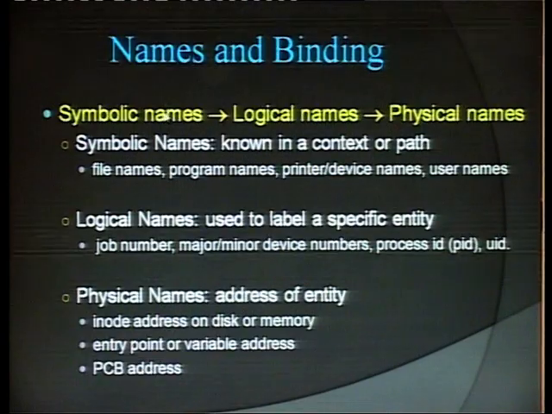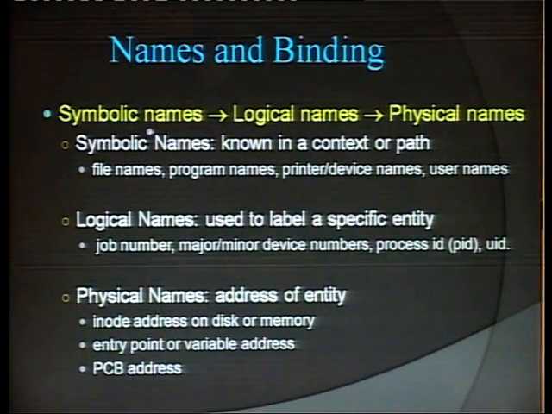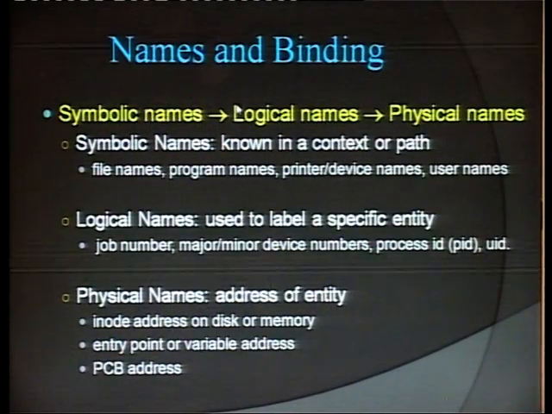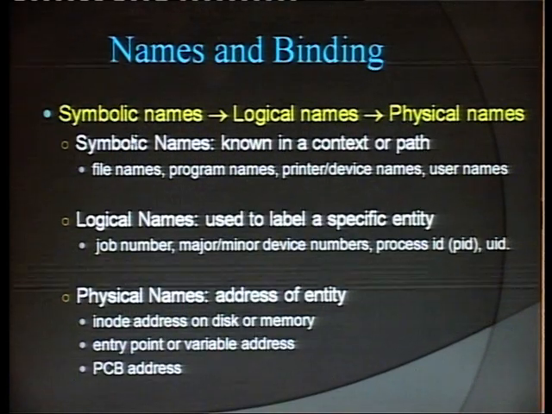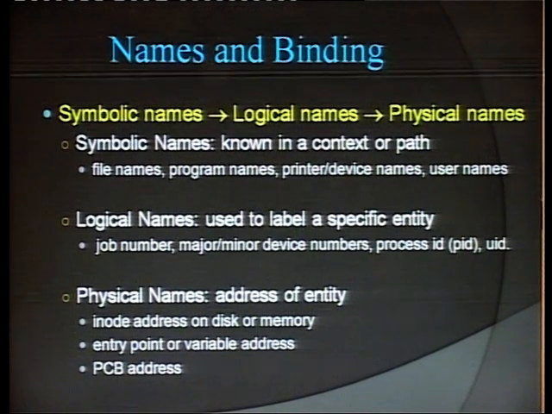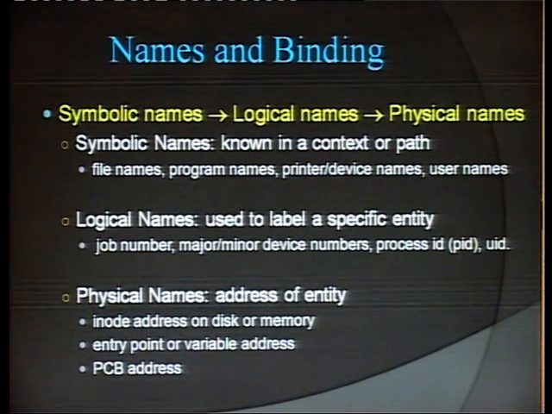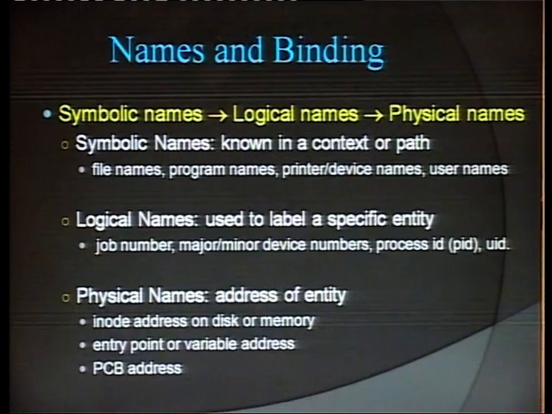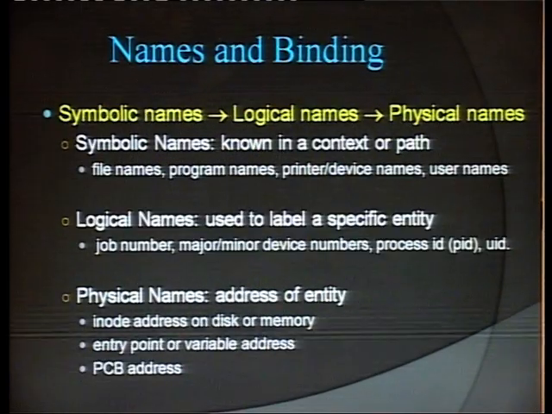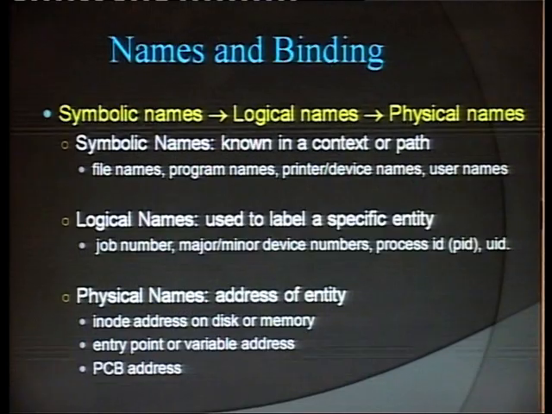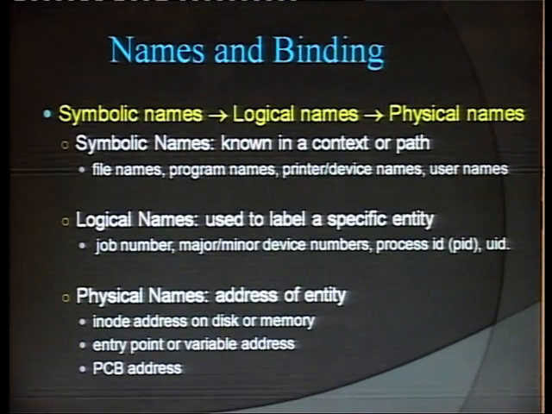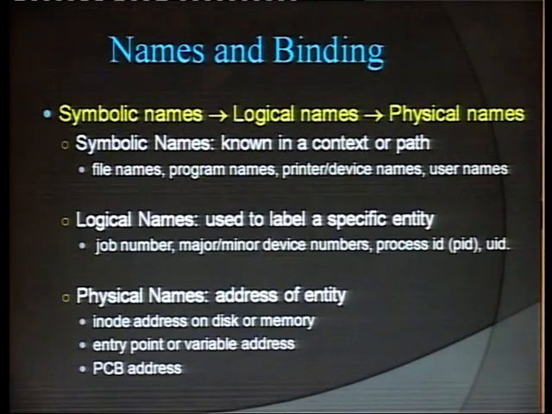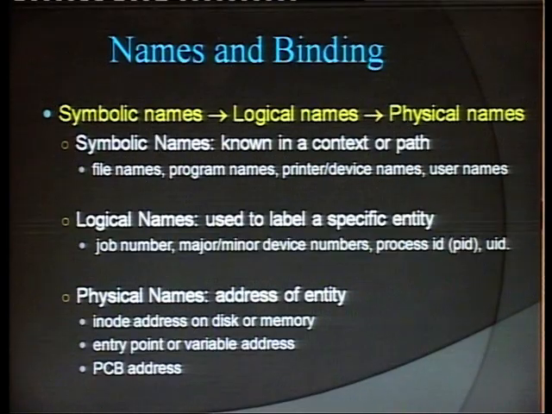Next is names and binding: symbolic name, logical name, physical name. Symbolic name, like an address such as google.com, is a symbolic name. Logical name is an address or numeric value or IP address. Physical name is where it actually lies in the main memory.